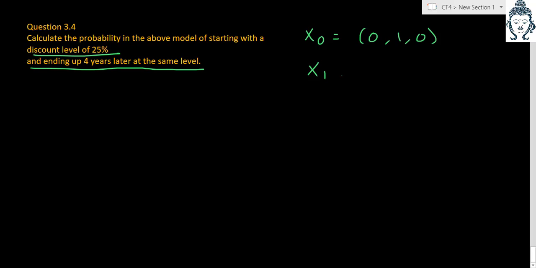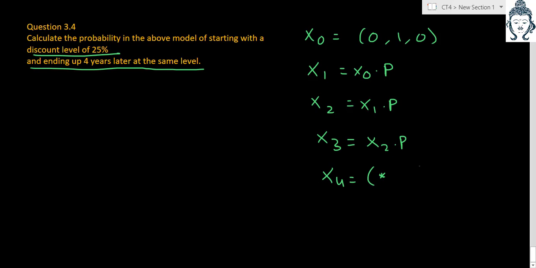So you can calculate x1 as x0 into P, which we just did. X2 can be calculated as x1 into P. Then for x3 you'll have to calculate all three values, at all three levels, so this becomes x2 into P. Finally you'll have to calculate x4, for which you need the probability of being at 25% level.